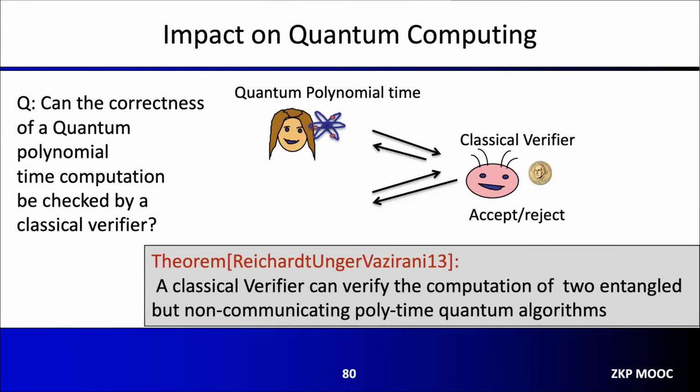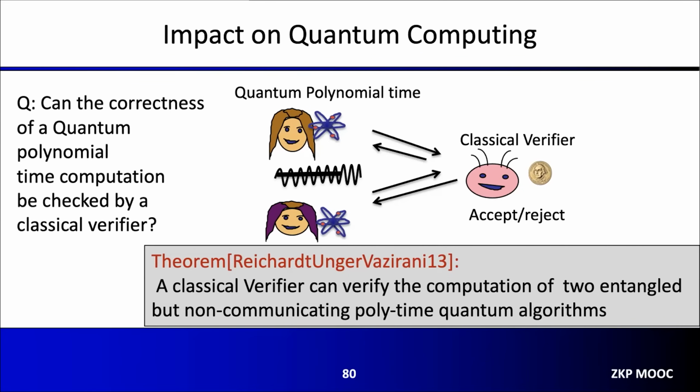As I said, it had an impact on quantum computing, and one of the beautiful results there is the result of some people from Berkeley, Umesh Vazirani and others, and that is, how do we know that a quantum computer is actually using quantum power if we only have classical powers?